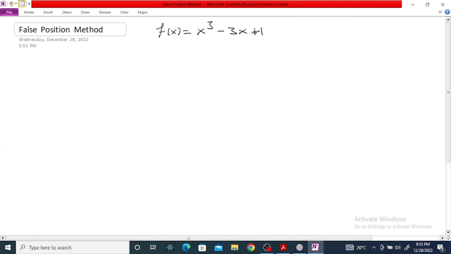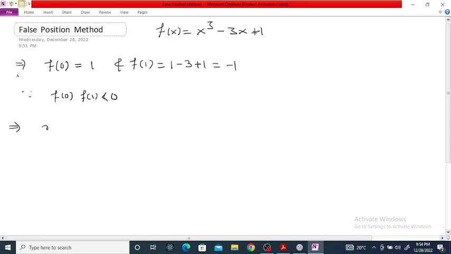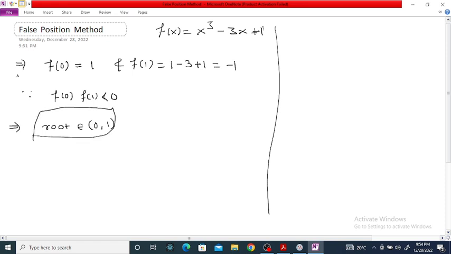Now if you substitute x = 0, then f(0) = 1, and f(1) = 1 − 3 + 1, which is equal to −1. Since f(0) times f(1) is less than 0, this implies our root lies in the interval 0 to 1. So this is the first step: we find the location of the root.